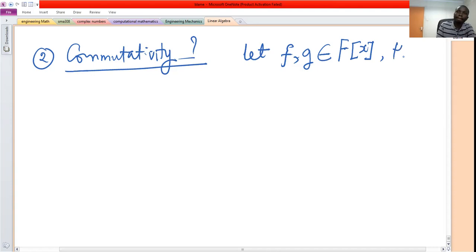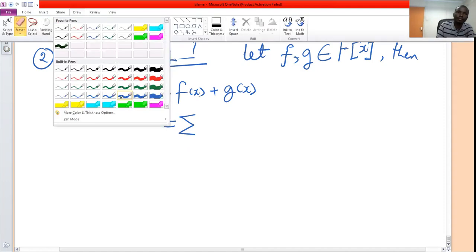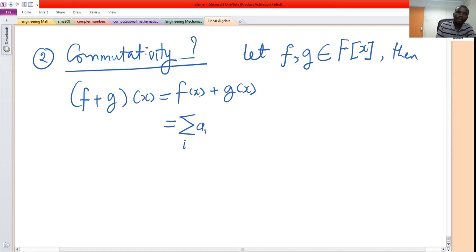Then f plus g, the same as f of x plus g of x, is the same as summation of ai x power i plus summation of bi x power i.